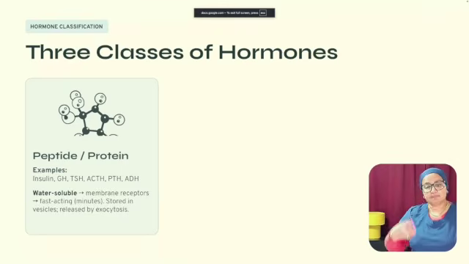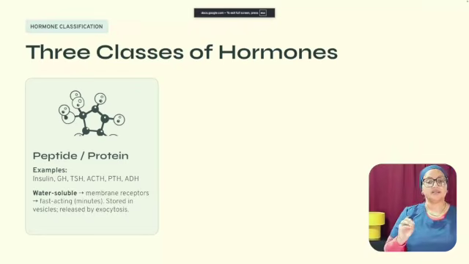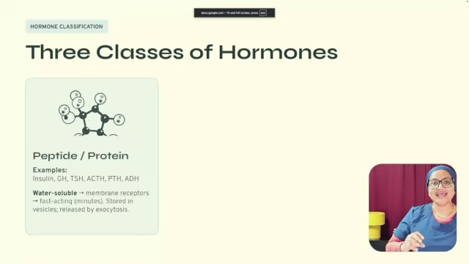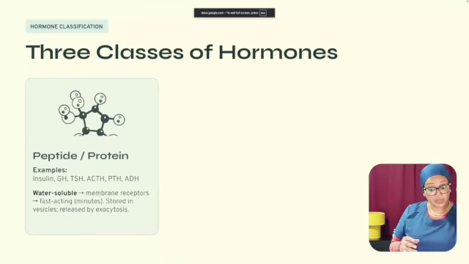The hormones that belong to this class, peptides or proteins, include insulin, famously, growth hormone, TSH, ACTH, PTH, ADH, and so on. They are water soluble. And please just note this part. Being a peptide and being water soluble has implications in the behavior of the hormone. The first implication is it can travel in the blood, in the plasma vehicle. That's one part.